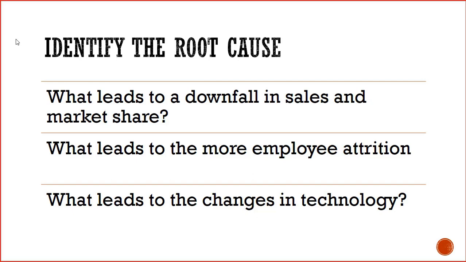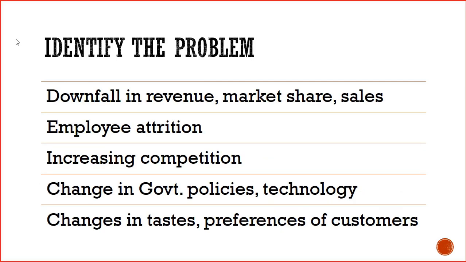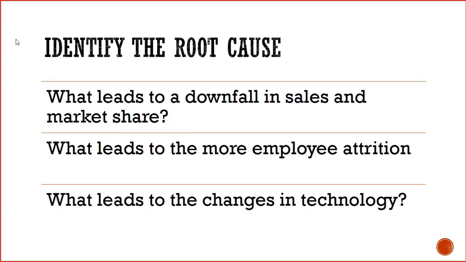Are you getting my point? Both things are connected with each other, the problem and the root cause of it. And many times while discussing in the class, the root cause is ignored. If you ignore the root cause, then the whole sense of doing the case is lost. The case doesn't have a meaning to it.